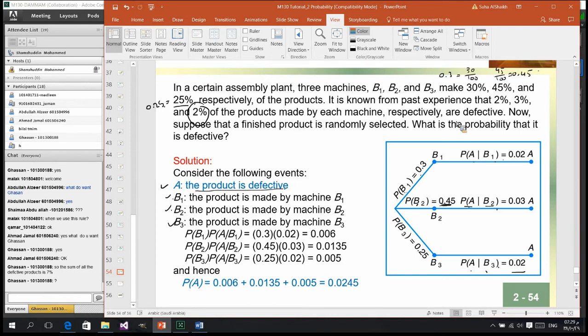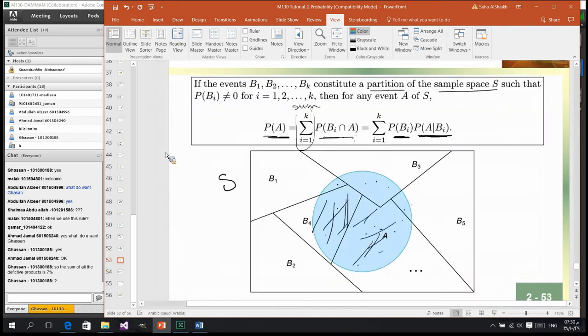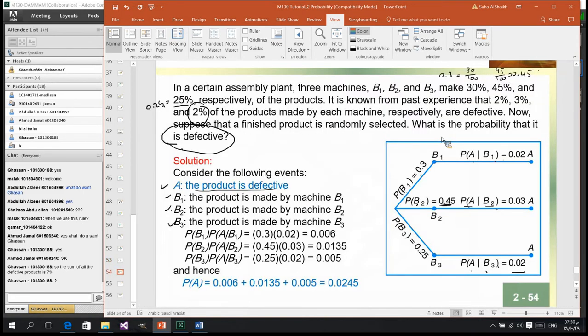The question is, what is the probability that a thing that you found is defective? Go back to the rule. The probability of A, which is defective, is the probability of Bi, A under condition of Bi. B1, A under condition of B1. B2, A under condition of B2. B3, A under condition of B3. So we can find the probability of defective by multiplying everything, then adding everything together.